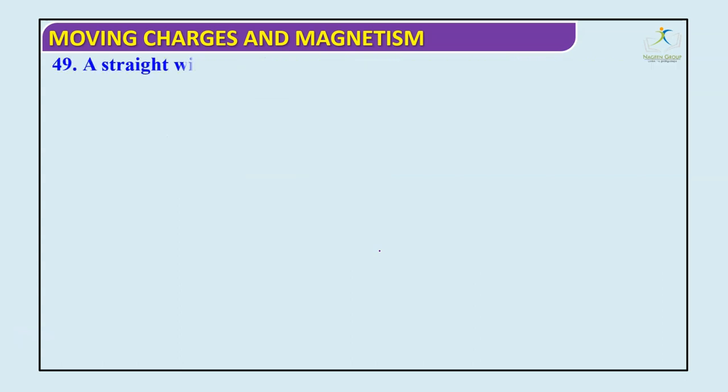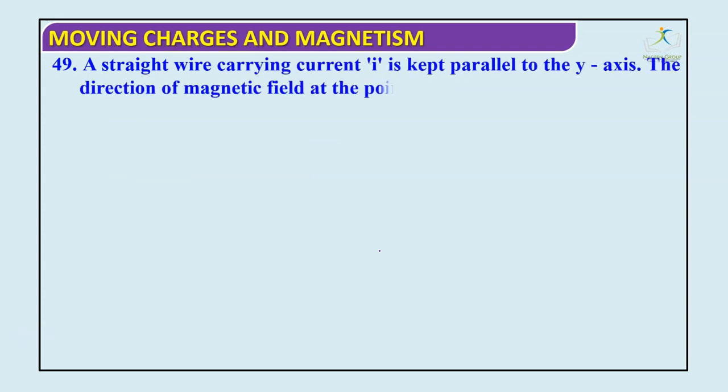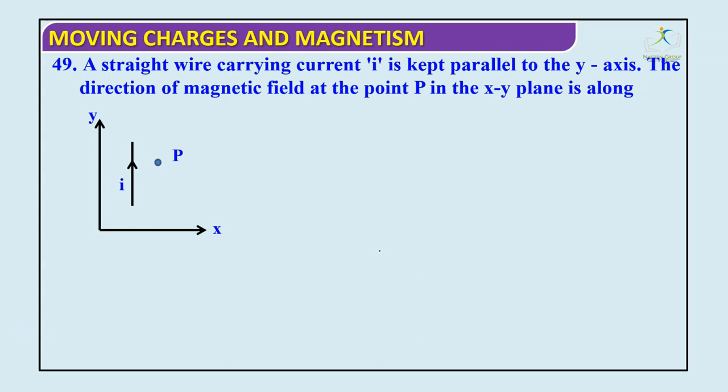Next, we have a question. A straight wire carrying current I is kept parallel to the y-axis. The direction of the magnetic field at the point P in the xy plane is along. This is the diagram of that question. We have the options x-axis, y-axis, z-axis and minus z-axis.